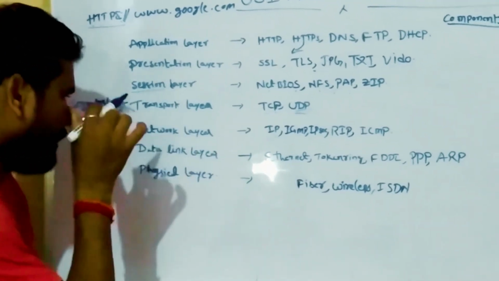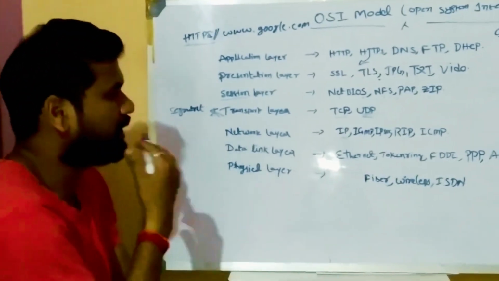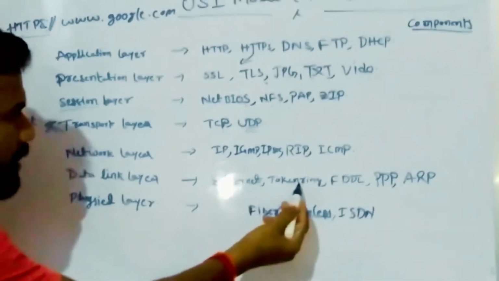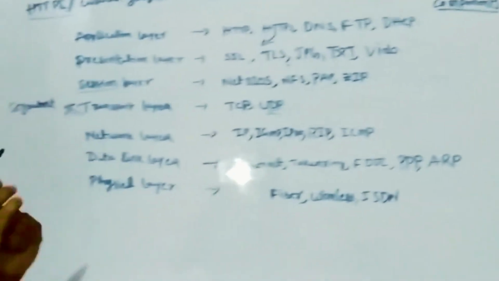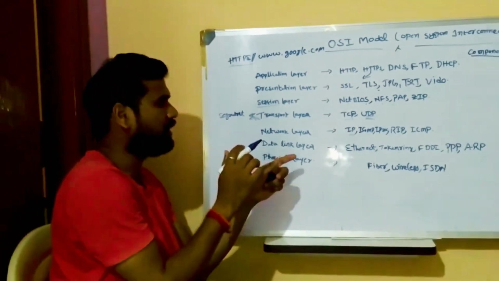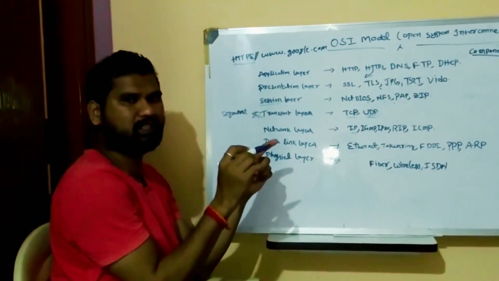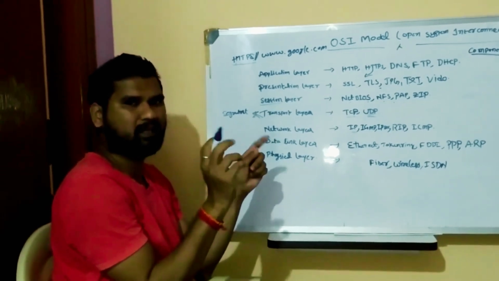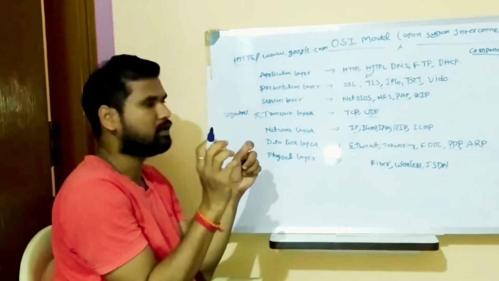Coming to the data link layer. This is a layer 2 protocol. The protocols used are Ethernet, Token Ring, FDDI, PPP, and ARP. Here we use switches. Switches use the MAC address, which is a physical address.